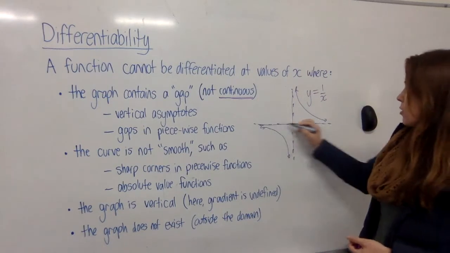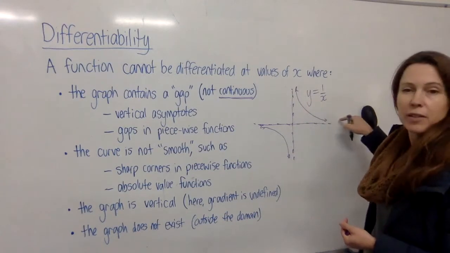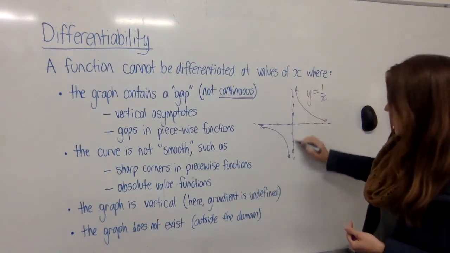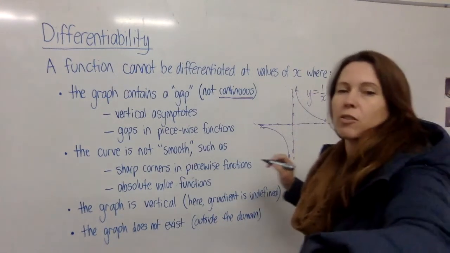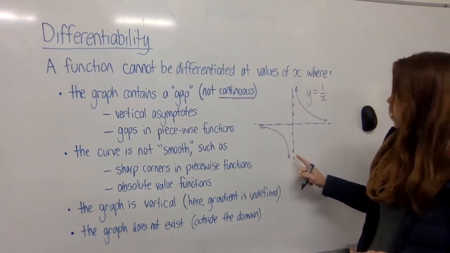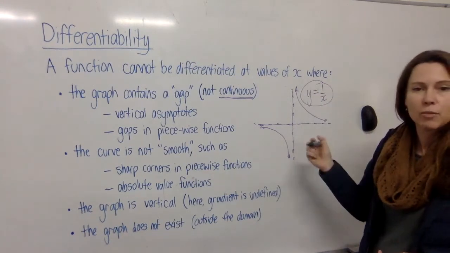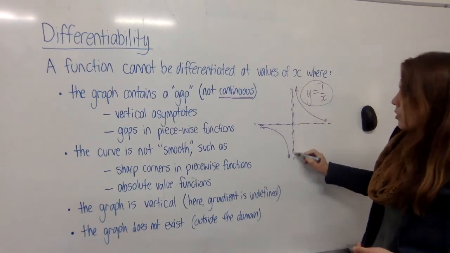Now, the horizontal asymptote doesn't really get in our way of finding what the gradient is in any place on these curves, but the vertical asymptote does, because we know that this graph doesn't actually go through the y-axis. So we can't differentiate this function when x equals 0 because there's an asymptote there.